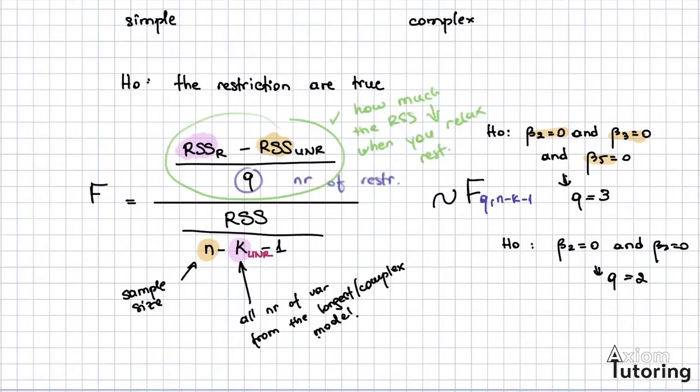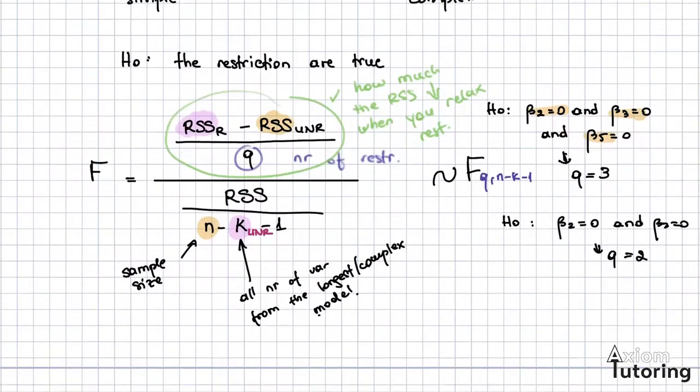Whenever you see a large F, especially larger than the given F critical value, you will reject the restricted model. So once again, now you have been introduced to a new formula for model comparison, and the F-test checks whether relaxing the restrictions reduces your RSS enough to justify a more complex model.